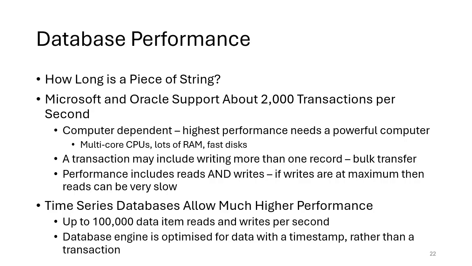So when we talk about 2,000 transactions a second, we're typically talking about a single database instance running on a single computer. And that's going to be quite a powerful computer. It's going to have multiple CPUs, because the more cores you've got, you can distribute your processes across those cores, and the modern relational database management system will do that.